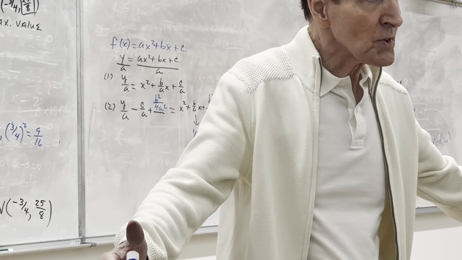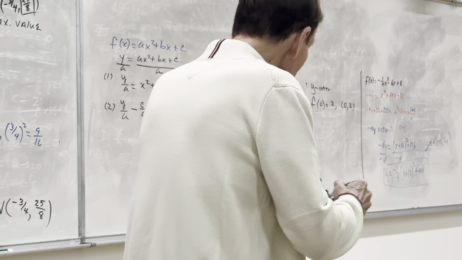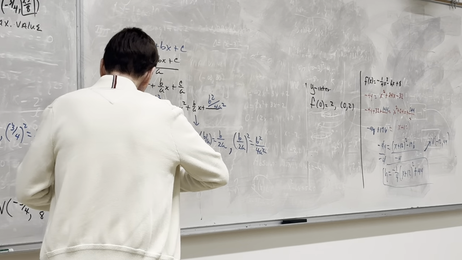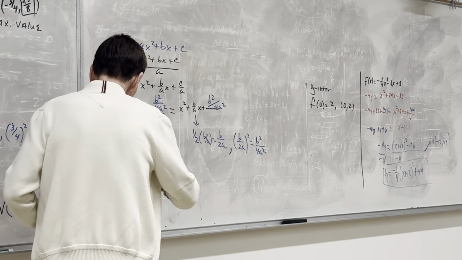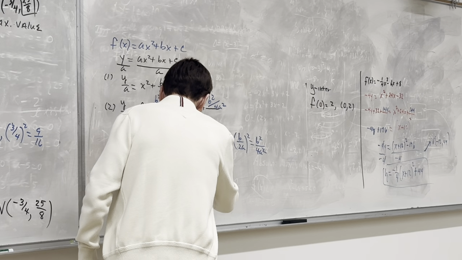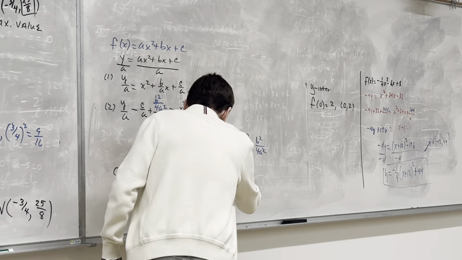Same as I did with numbers. Now, if that's true, here we go, guys. I'm gonna call this step 3. If that's true, step 3, the right-hand side should be a nice, perfect square.